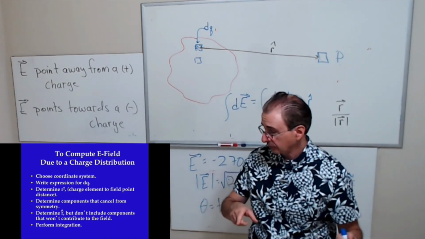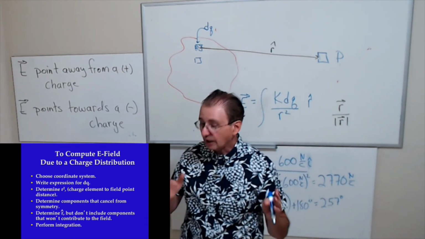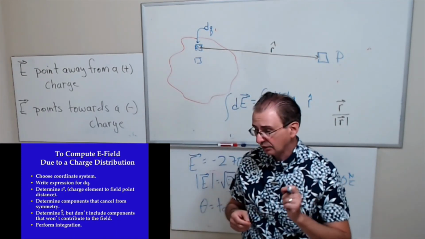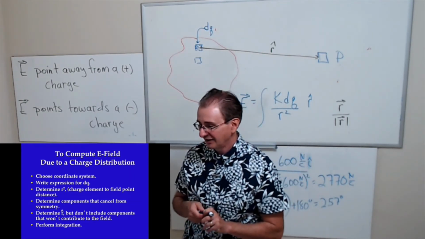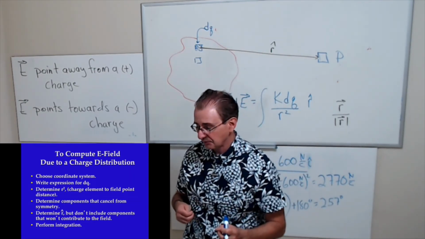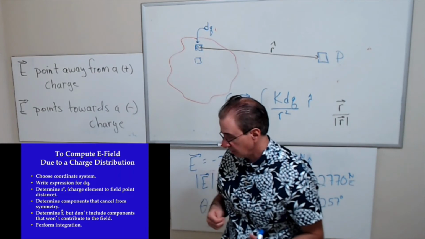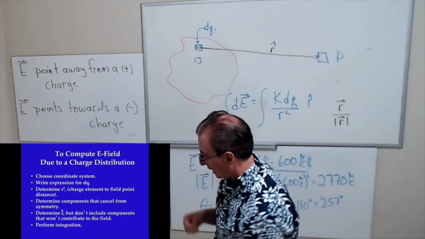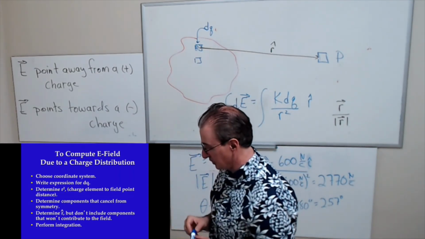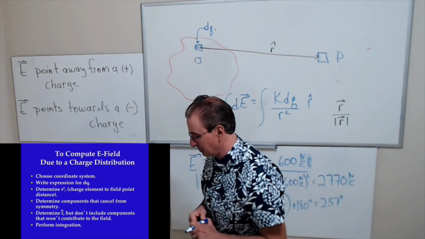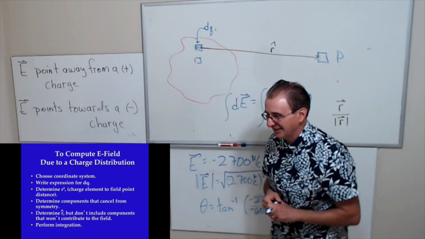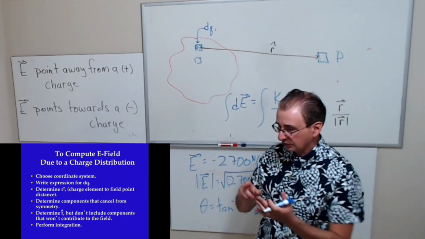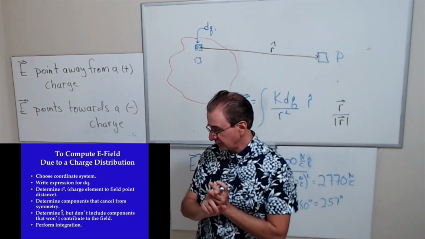The first problem I'm going to do, and I won't do it today, r hat is very difficult. I'm not going to do a video for the first example. I'm going to do it in class because it's a hard example. Yeah, this blob doesn't look symmetrical, but the ones I will be doing are symmetrical. So the dq and the r hat are going to be the most difficult things.